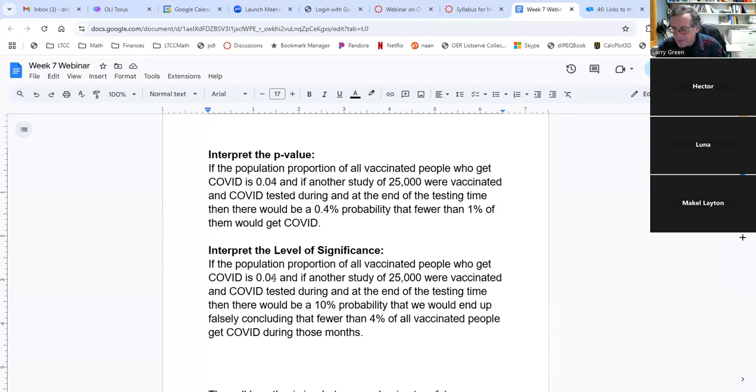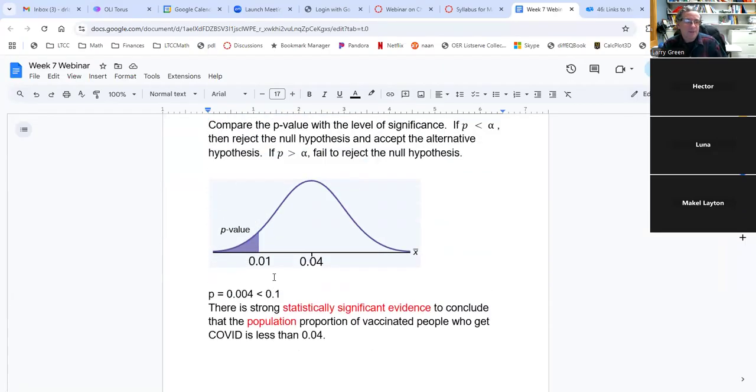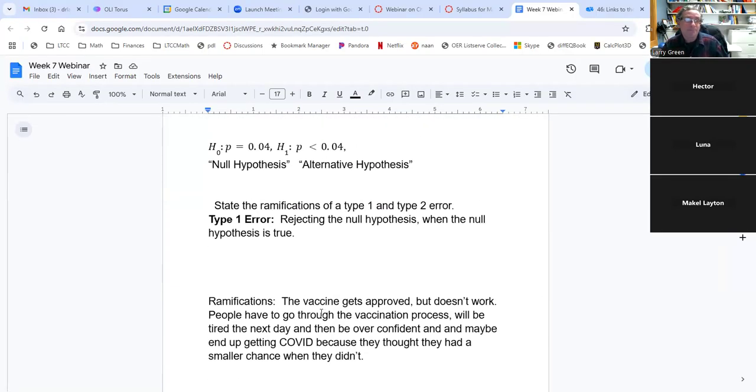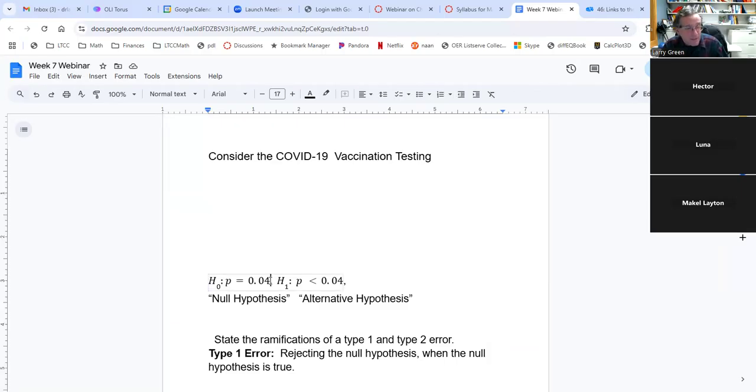One is this is all coming from this distribution. So we're looking at the normal distribution. The mean is going to be assumed to be 0.04 because that was our H naught, p equals 0.04.